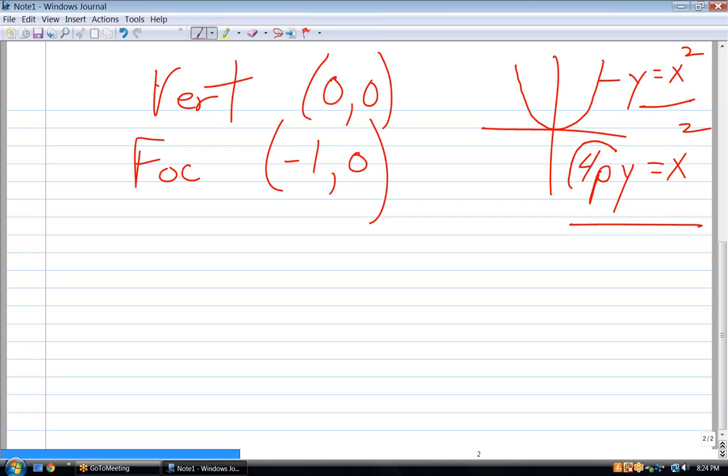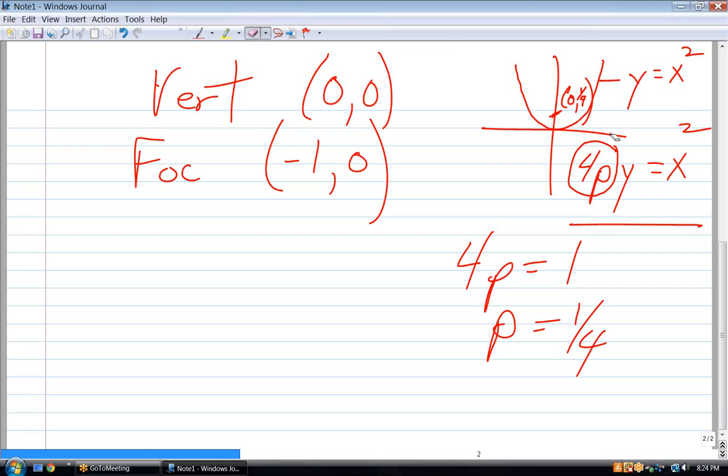This 4p is always the coefficient in front of the term that is not squared. So I'm going to say 4p is equal to 1 because there's a 1 in front of that y. So if 4p equals 1, p equals 1/4. So for this parabola, the focus would be right there at 0, 1/4.